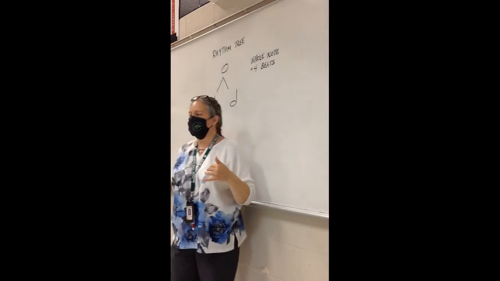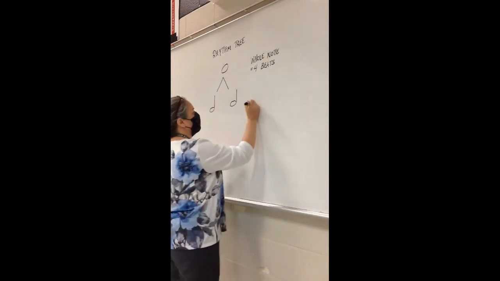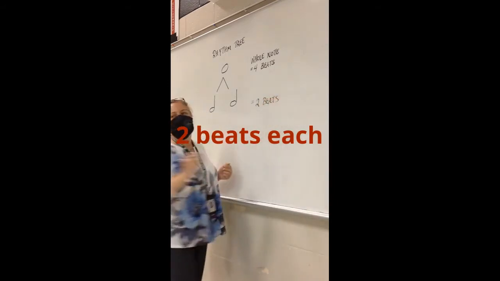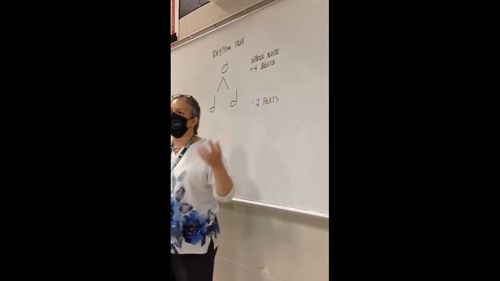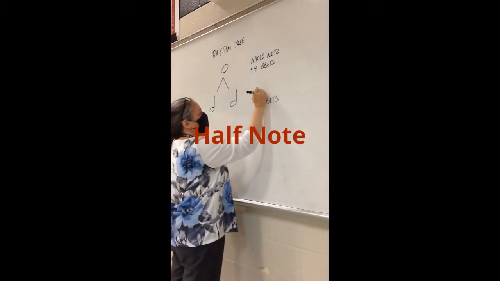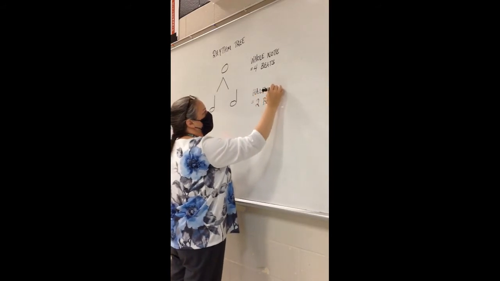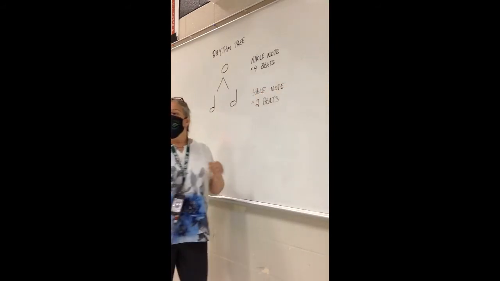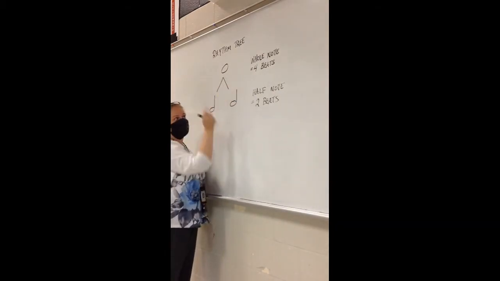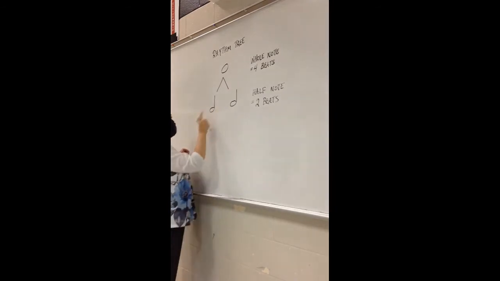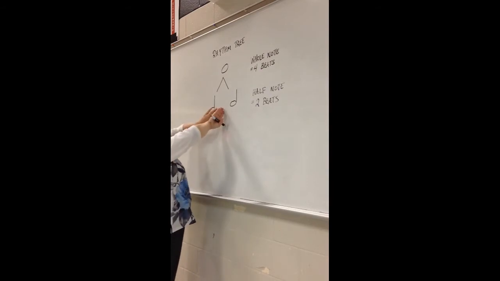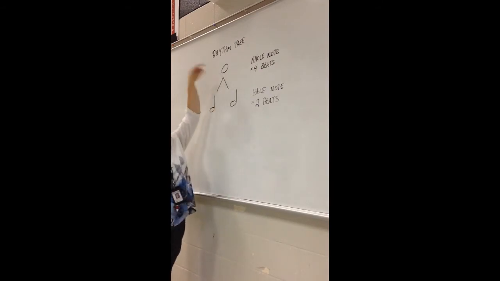Yell out how many you think it is. 2. Very good. Those equal 2 beats. And instead of a whole note, we call it a, yell it out, half note. Half note. Very good. You've been taught well. Just to be clear, this is 1 half note worth 2 beats, and this is also a different one. They both together will equal the 4 at the top.